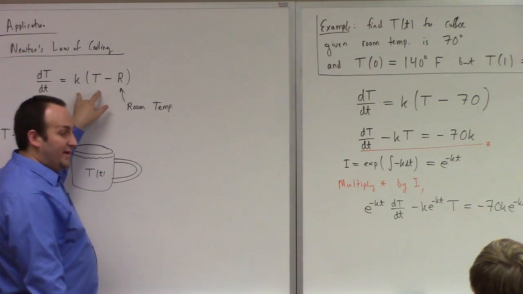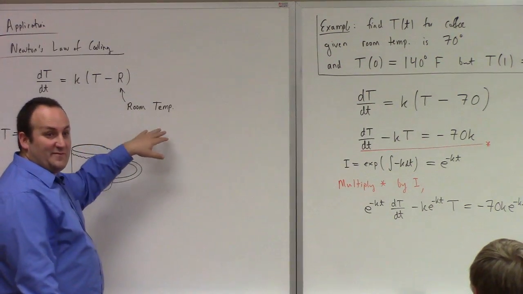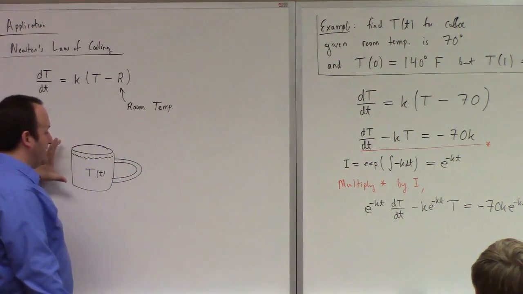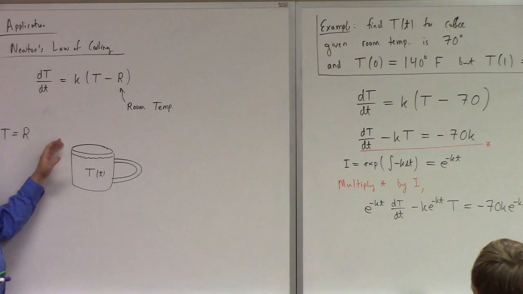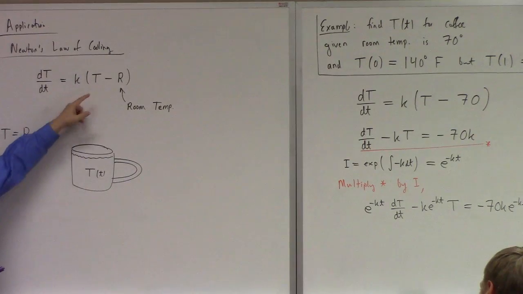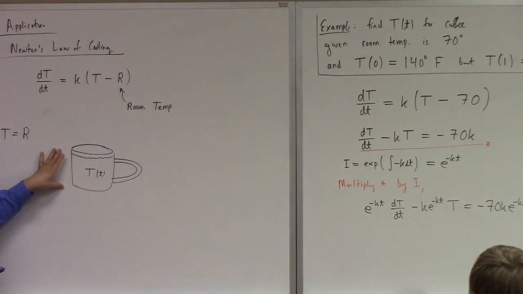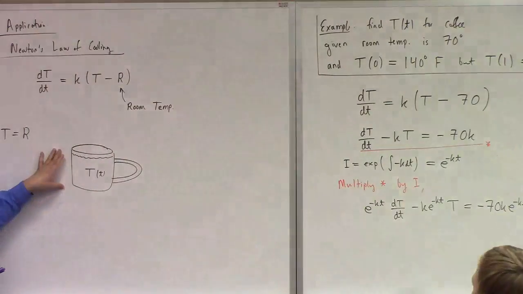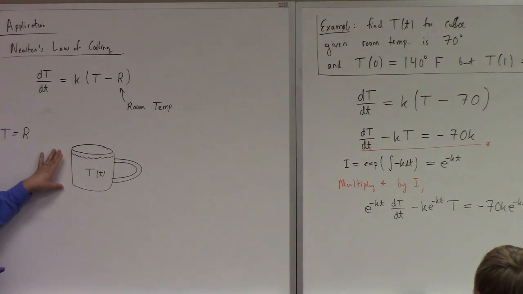You know, there's something else you could do. This would be kind of fun, though. You could take a cup of coffee and study how its temperature changes. Suppose you didn't know room temperature. You could solve this with R being a variable. You could do that also. And if you did that, you could then look at how the temperature of the coffee changes over 3 periods of time.